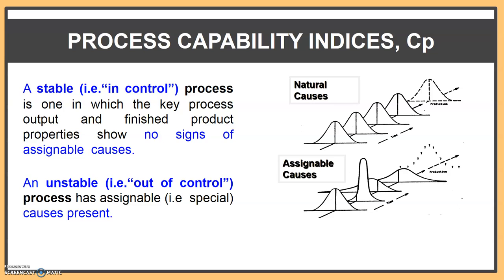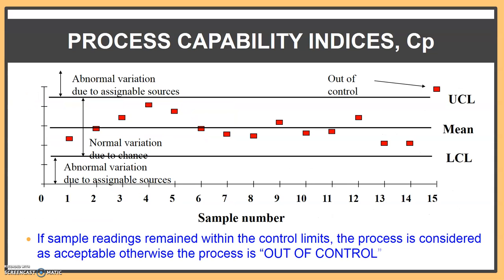If a process is stable, you can predict that the product produced from the process is very stable and predictable. If it's unstable, that means the process is not predictable, and it will always have defects at the end of the process. Normally, through the control chart, we can say that a process is out of control when we notice some outlier out of UCL and LCL.